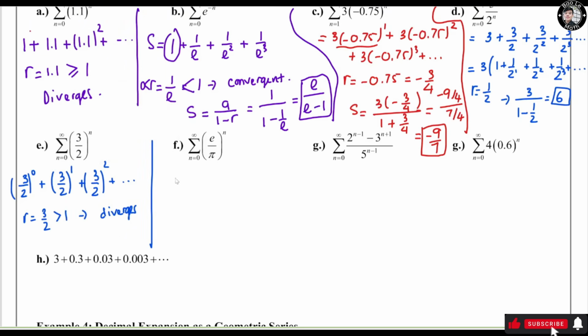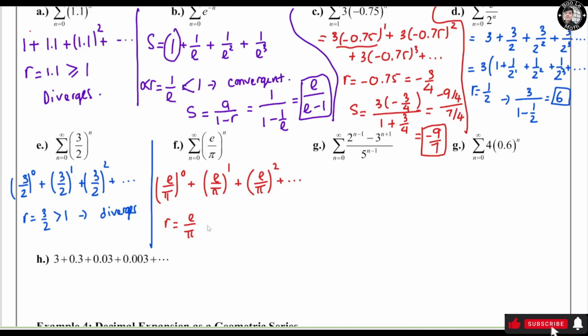Now question F, let's populate this one. n equals 0, you have e over pi to the power of 0, plus e over pi to the power of 1, plus e over pi squared, plus etc. So the common ratio is e over pi. You know that e is about 2.718, and pi is 3.14 something.